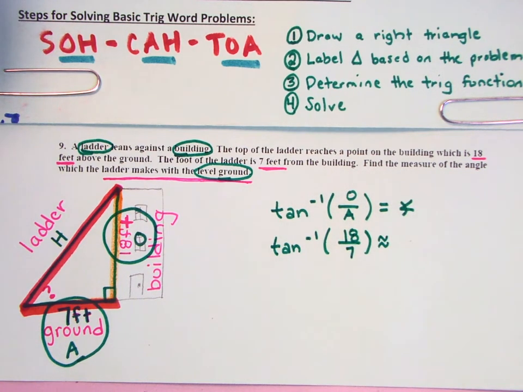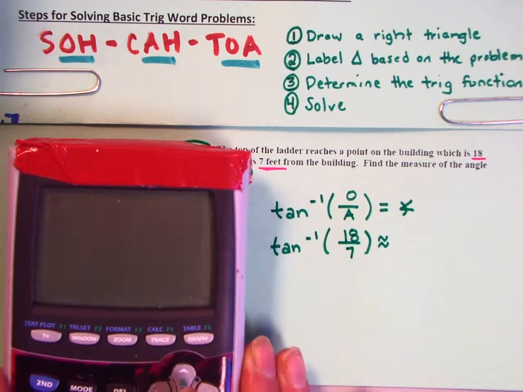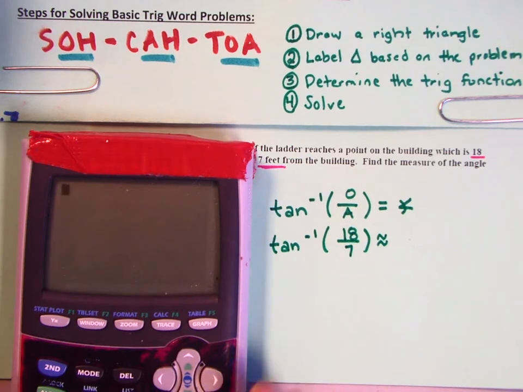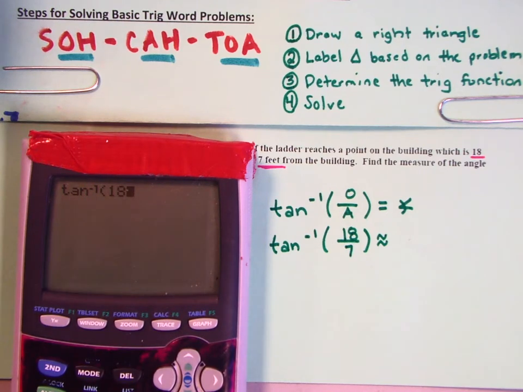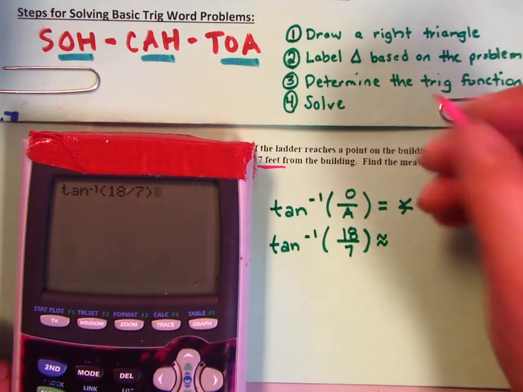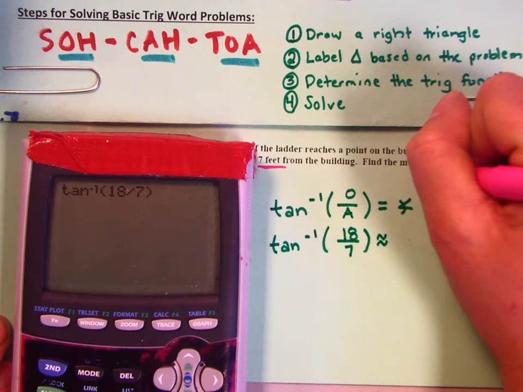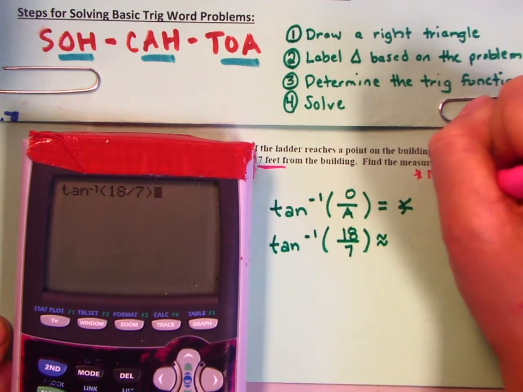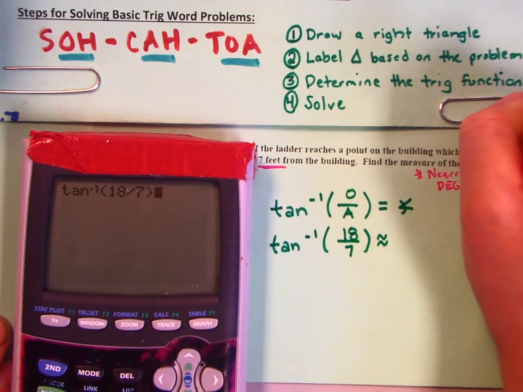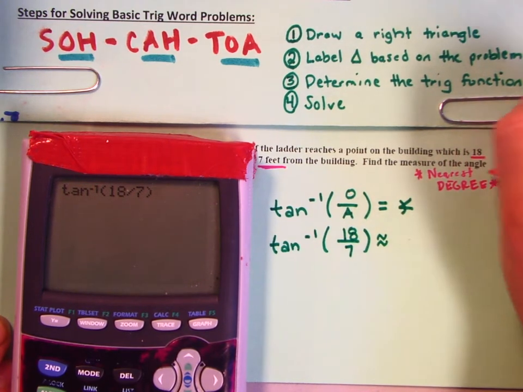I do have to make sure that I'm in degree mode as always. Make sure you use inverse tangent. So second tangent, make sure it's inverse tangent. 18 divided by 7. For the angle problems, we're going to round to the nearest degree, so a whole number on the angles, unless otherwise noted.